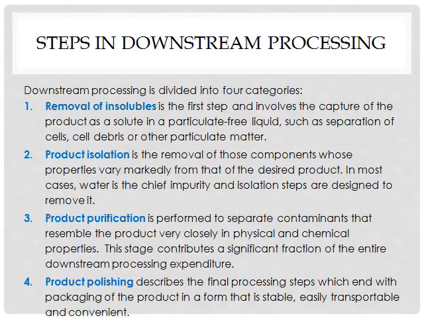In most cases, water is the primary impurity, and the isolation steps are designed to remove it. Third is product purification. This is performed to separate contaminants that resemble the product very closely in terms of physical and chemical properties. This stage contributes a significant fraction of the entire downstream processing cost.